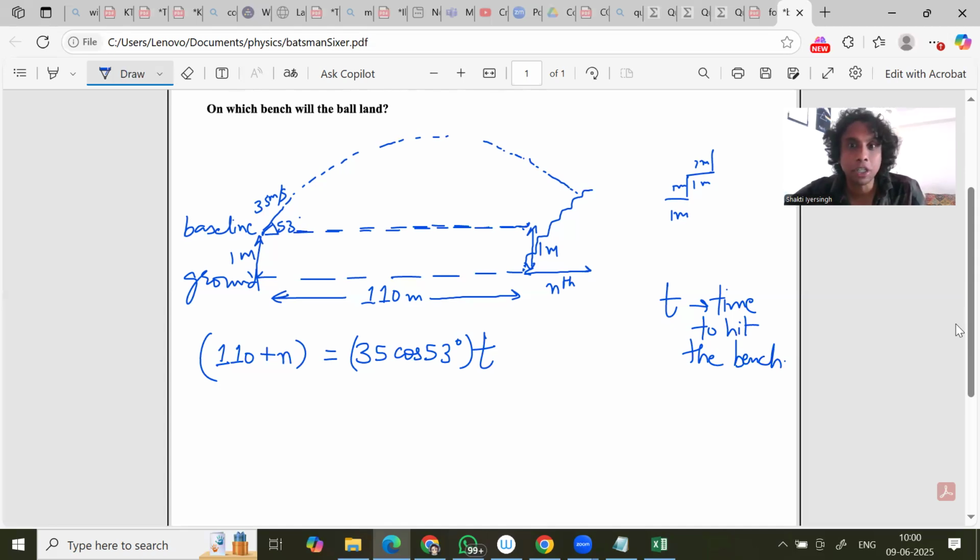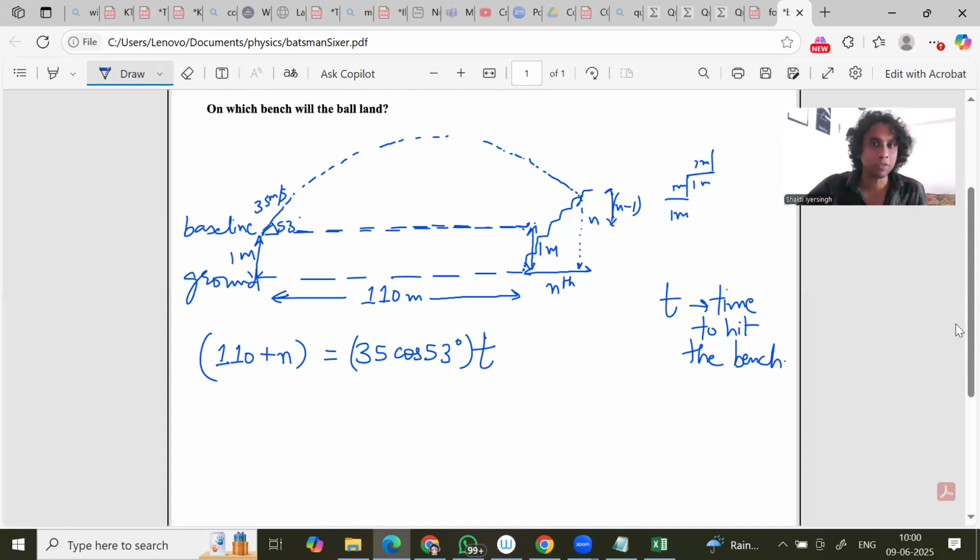Now, this bench here, the bench that it hits, as you know, it's a staircase which goes 1 meter horizontally and 1 meter vertically with each stair. So if you've crossed n benches, you are at a height of n meters above the ground. But how high are you compared to the baseline? Compared to the baseline, you're going to be only n minus 1 meters because the baseline is 1 meter above the ground. That's an important point to note.